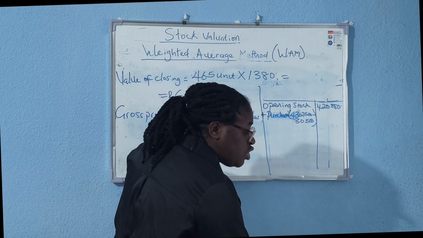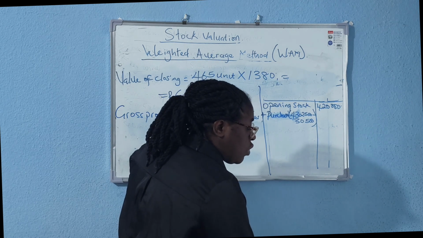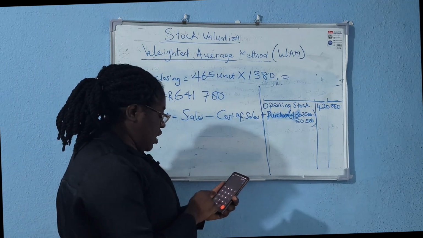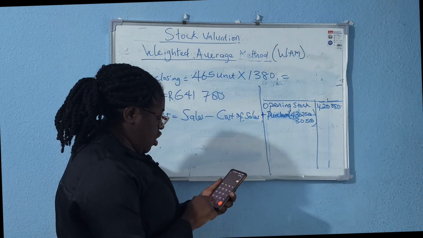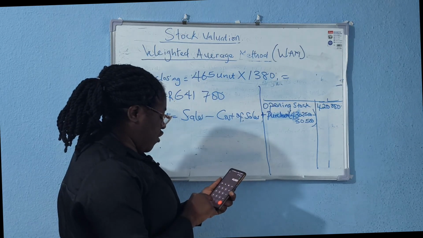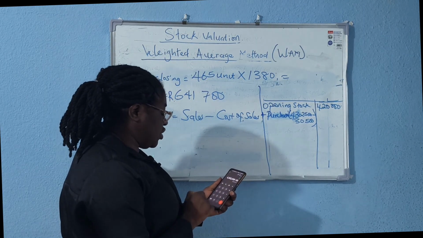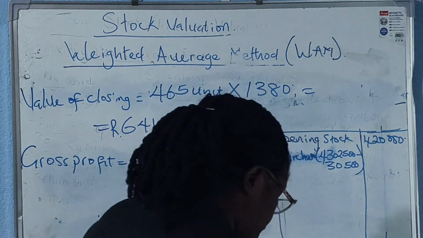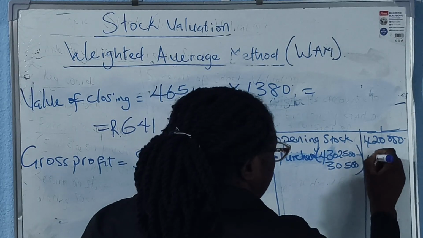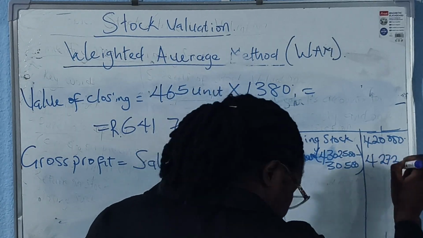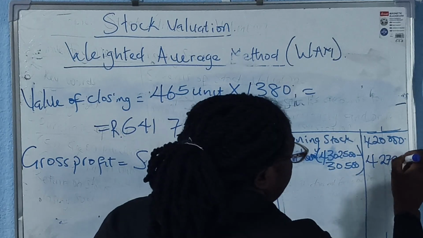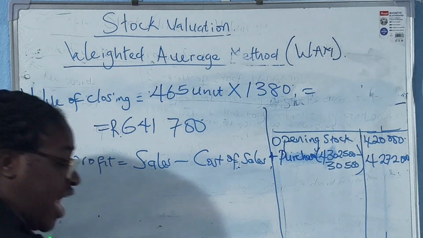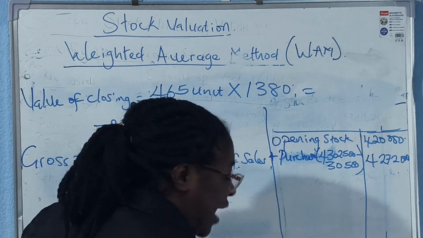So when we compute that, we're going to have 4,302,500 minus 30,500, and that gives us a net purchase of 4,272,000 rand. Okay, and then after that, we consider our carriage.